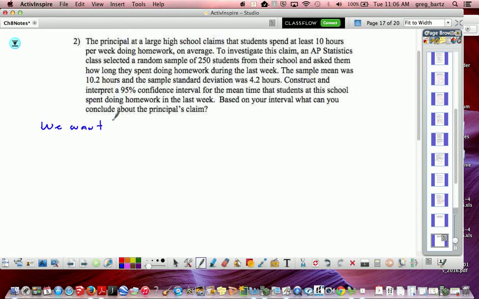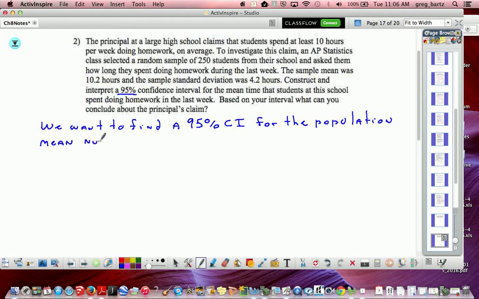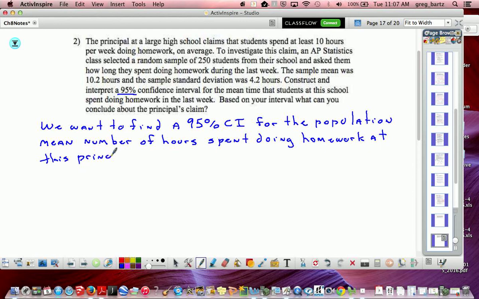We want to find, now I'm going to go up here and look at the percentage, so a 95% confidence interval for the population mean number of hours spent doing homework at this principal's high school.